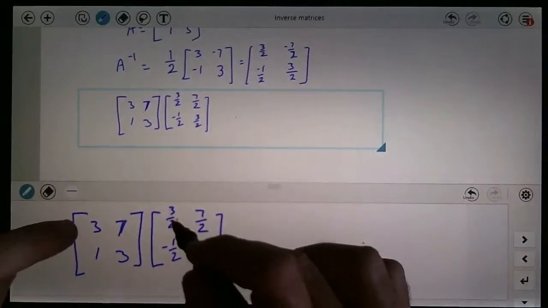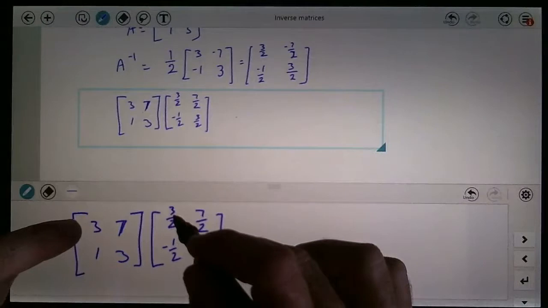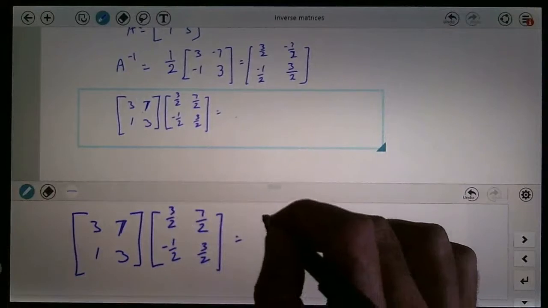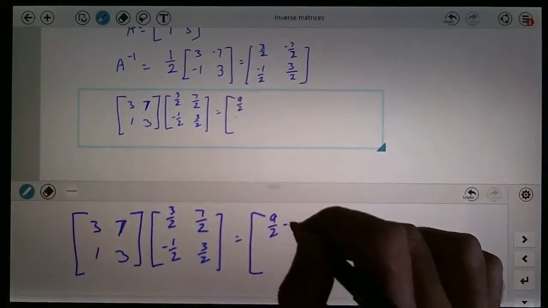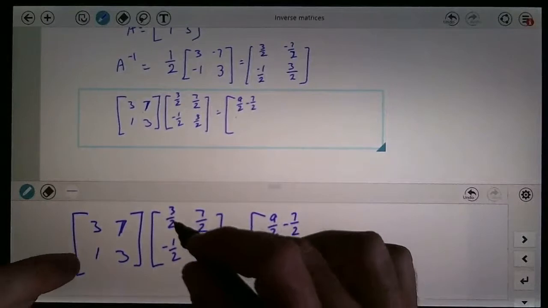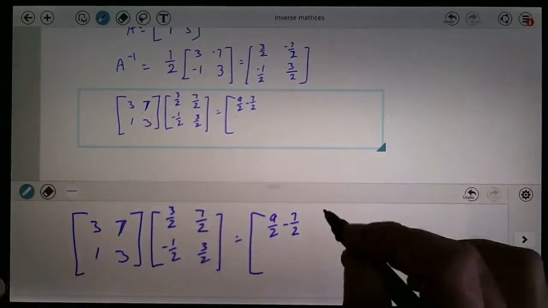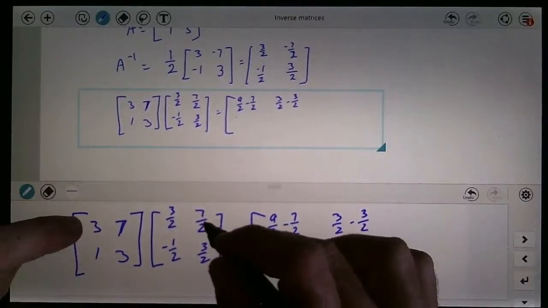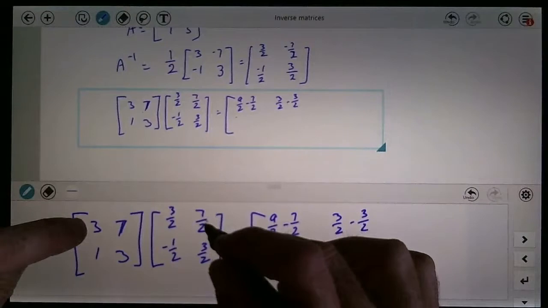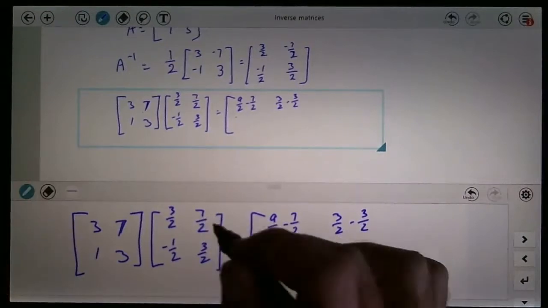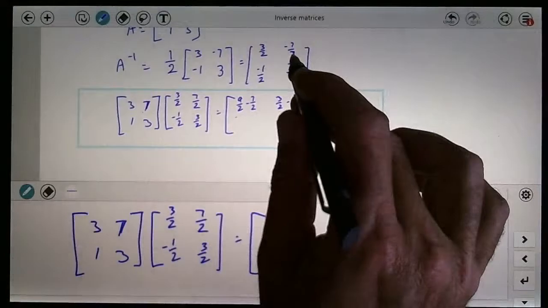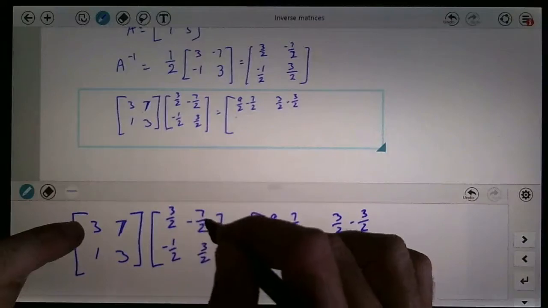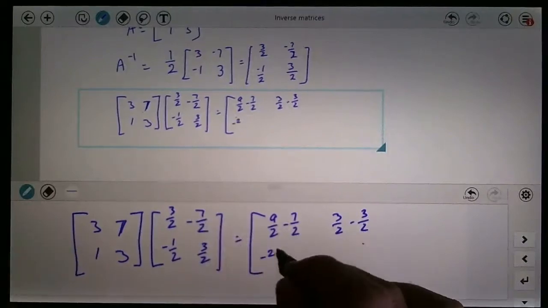I've got 9/2 -7/2. And then I've got 3/2 -3/2. And I've got 21/2. Oops. This was supposed to have a minus sign, wasn't it? There was a minus sign there, and I lost it, so there's a minus sign right here. So -21/2 plus 21/2.